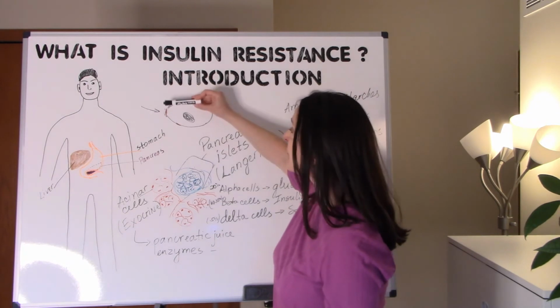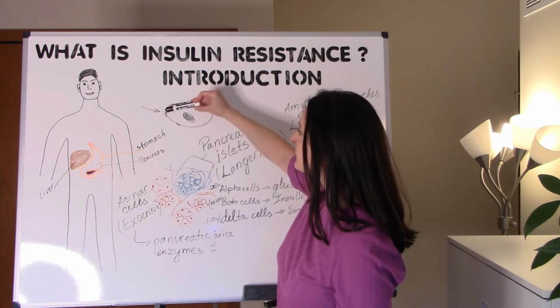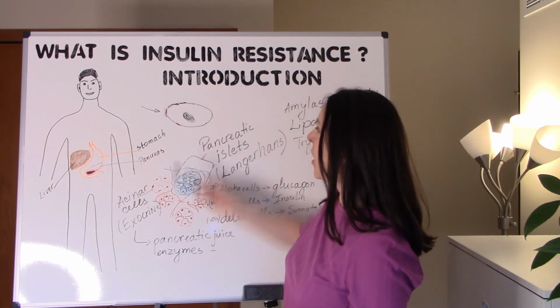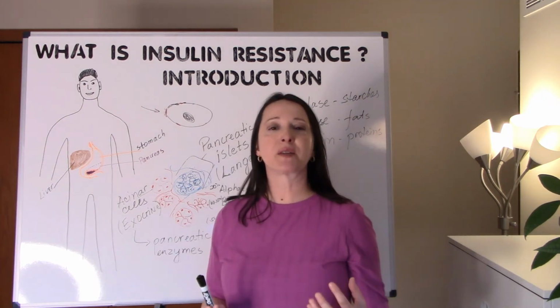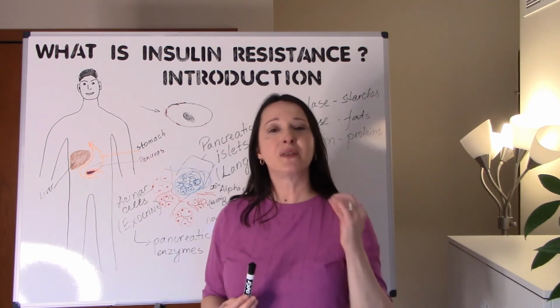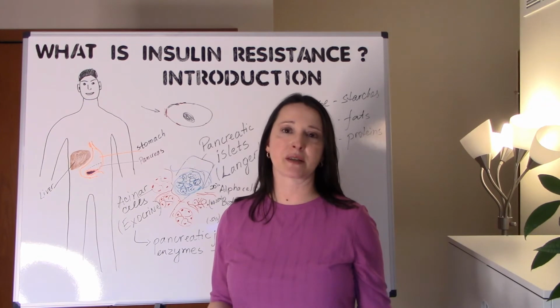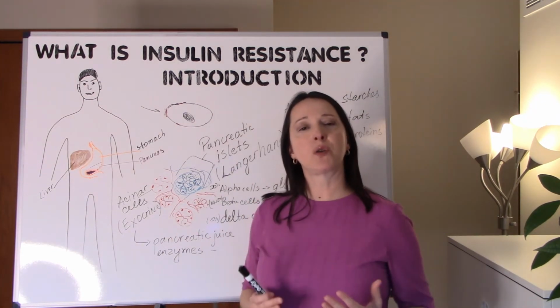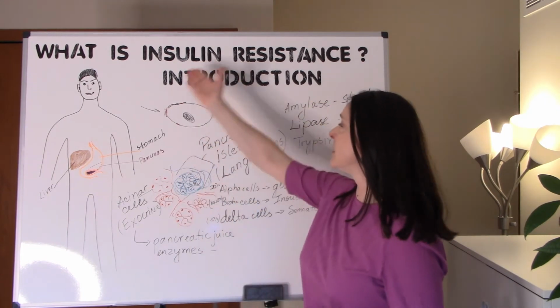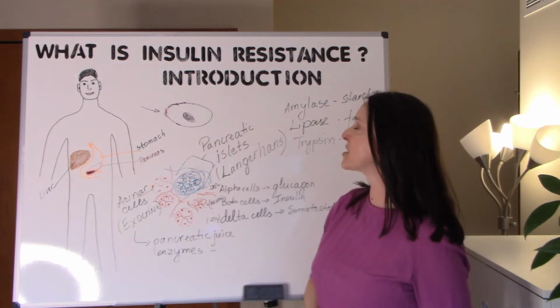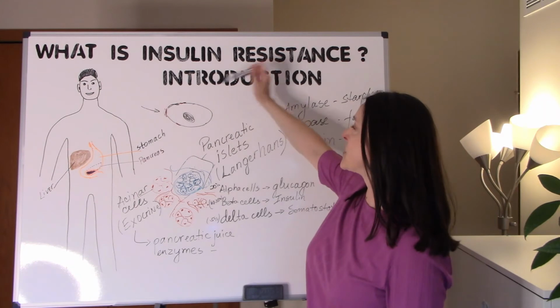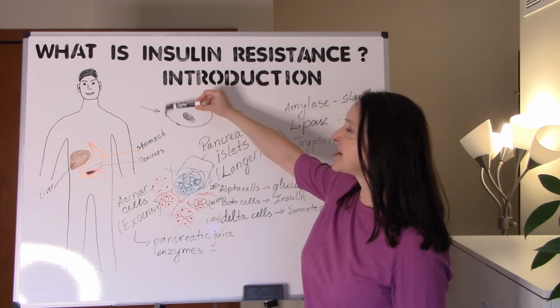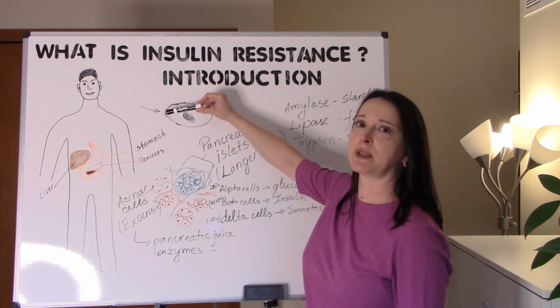But if these receptor sites become non-responsive to the insulin signal, this is called insulin resistance. And we will discuss in another video next time what the reasons for that are. This is just the introduction of what insulin resistance means. So when you think about insulin resistance, remember, on a cellular level, that's what's happening.